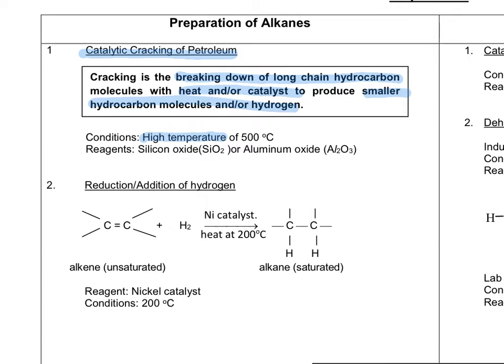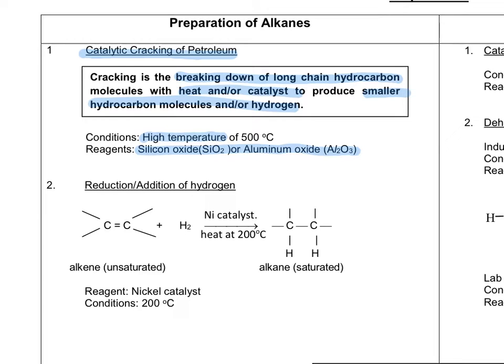Although we put 500 degrees Celsius here, depending on the industry, sometimes the temperature may vary, but the key is high temperature, and you need silicon dioxide or aluminum oxide as a catalyst. So the big molecule will break down to become the small molecules.